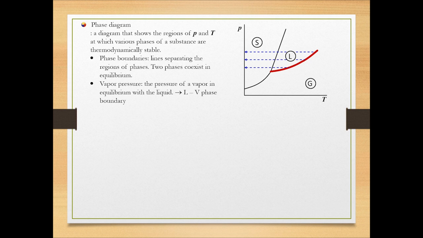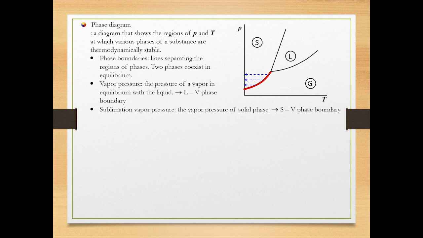The dependence of vapor pressure on temperature is represented by the liquid-vapor phase boundary line. Similarly, sublimation vapor pressure is the vapor pressure of the solid phase, and the dependence of sublimation vapor pressure on temperature is represented by the solid-vapor phase boundary line.